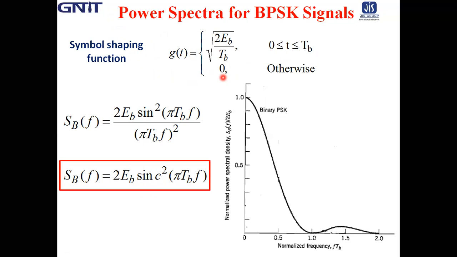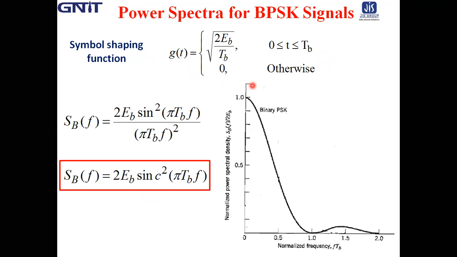Now, we assume that the binary input wave is random with symbols 1 and 0 equally likely, and the symbols transmitted during the different time slots are statistically independent. Therefore, the power spectral density of a random binary wave is equal to the energy spectral density of the symbol shaping function divided by the symbol duration.